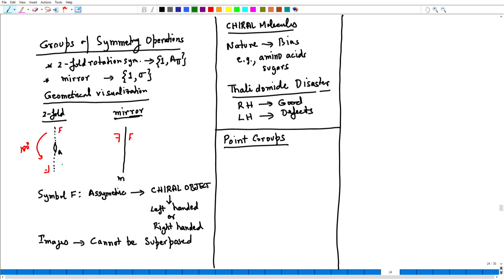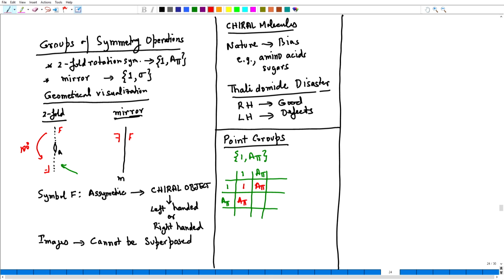So, coming back to this group here, which has two elements, 1 and A pi. Now, if I want to make a group multiplication table for this, it is a very simple table. The first row and the first column is straight away, we can just fill this as it is.